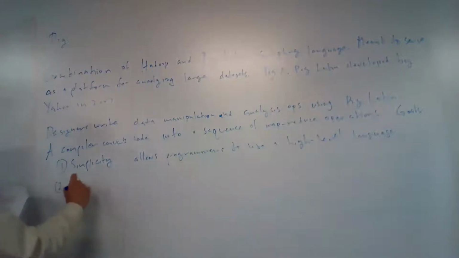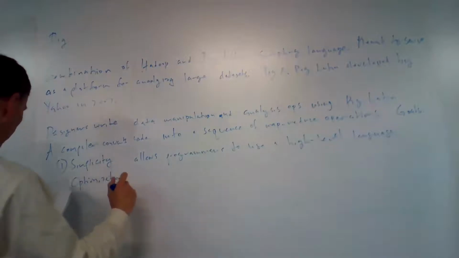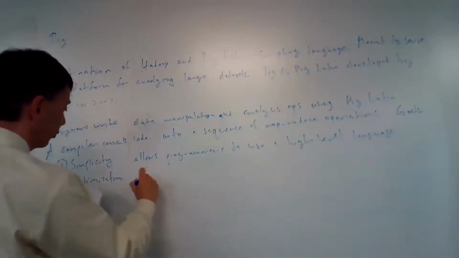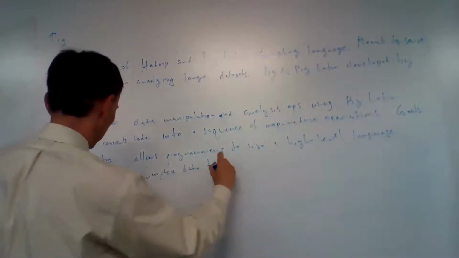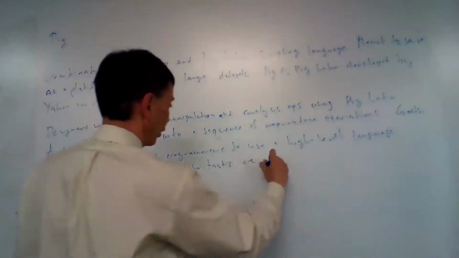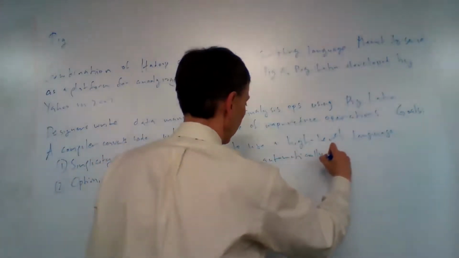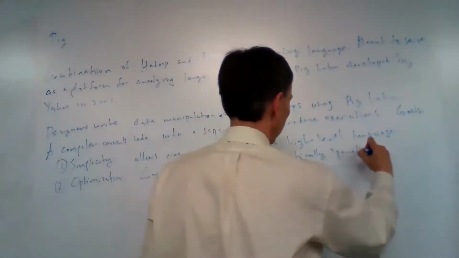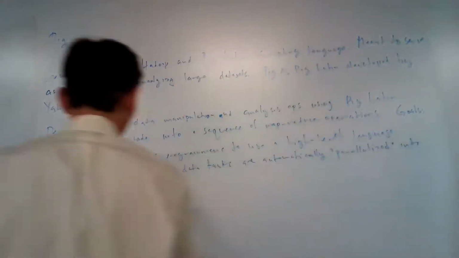Optimization. So complex data tasks are sort of automatically, quote-unquote, parallelized into MapReduce operations.